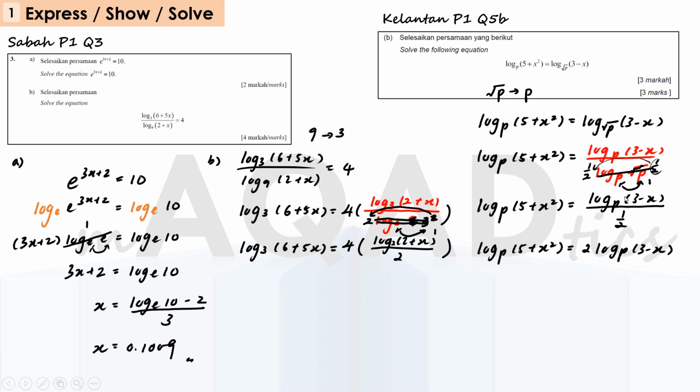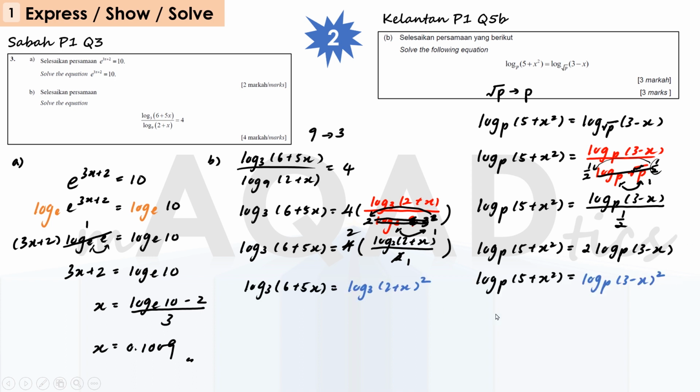Okay, so here 1 divided by 1 over 2 will become 2, and then here we can simplify further, so this will become 2. Right, so now all the bases are the same, we can simplify or manipulate it. So the value 2 here and the value 2 here, you can move it back, right?